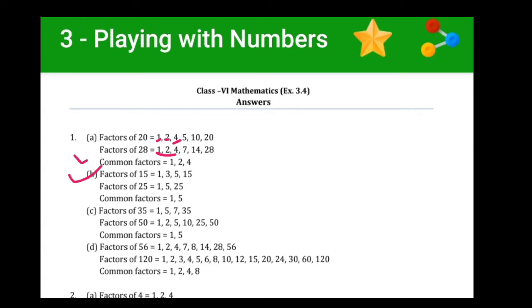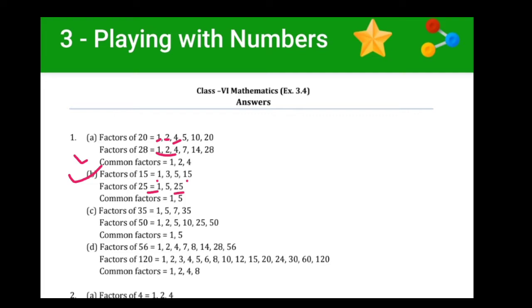B. Find the common factors of 15 and 25. First we have to find the factors of 15. 1 and 15 are factors of itself, and same like that for 25, 1 and 25 are factors.